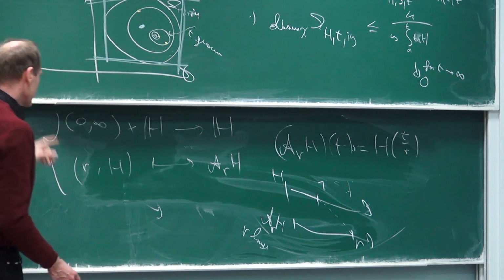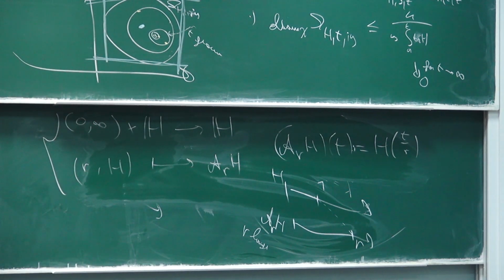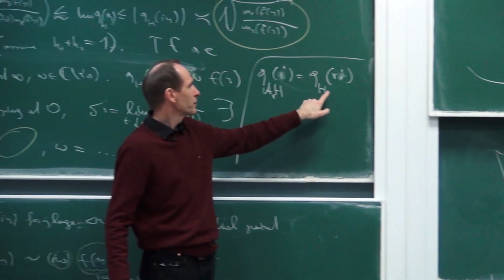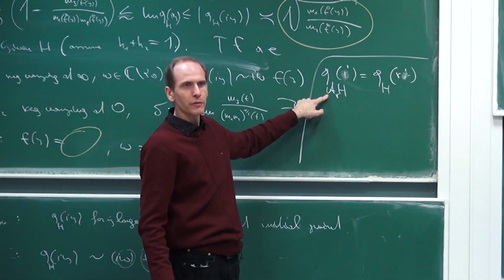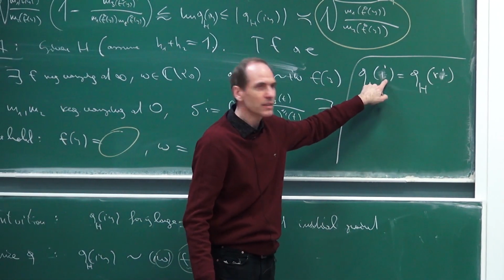And the crucial thing is now that the Weyl functions are related as follows. The Weyl function of such a rescaling at the point z is the Weyl function of the original one at the point r times z, just by primitive computation. Well, z, let me put i. And suddenly we can translate between behavior of that one fixed Weyl function towards i infinity and behavior of a family of Weyl functions at a single point.